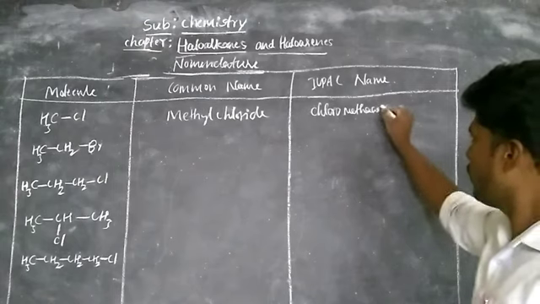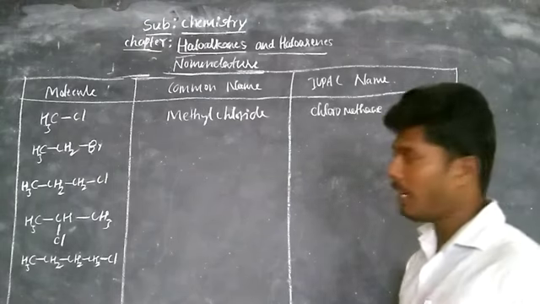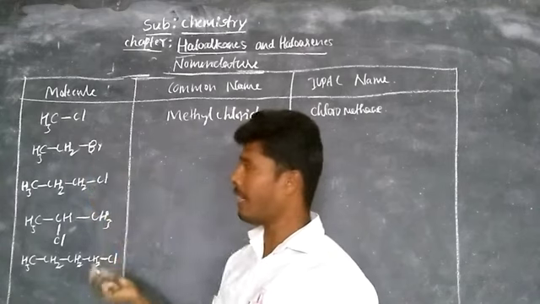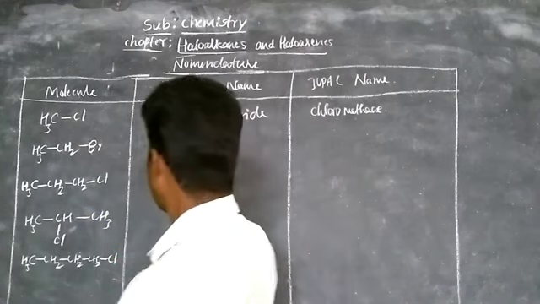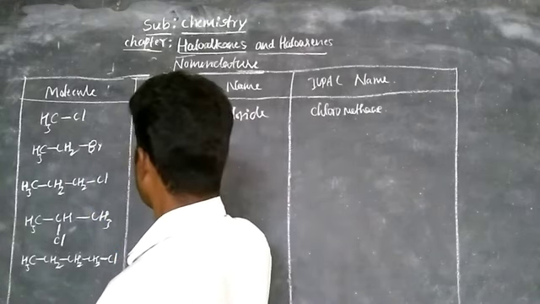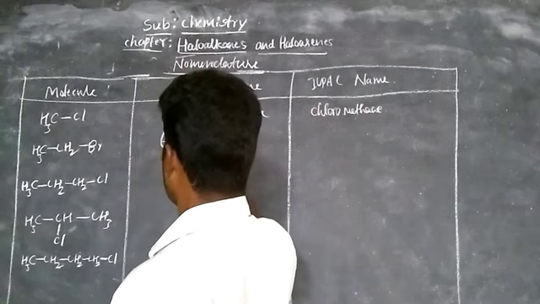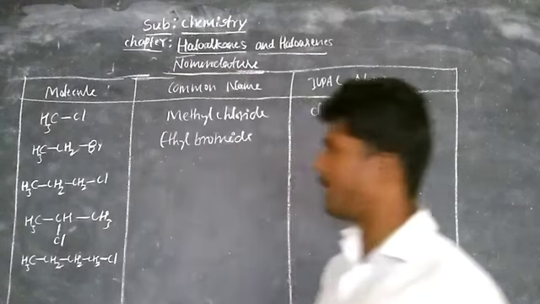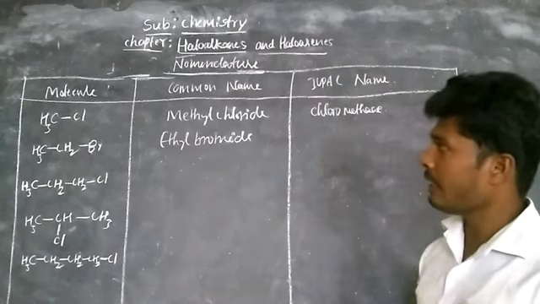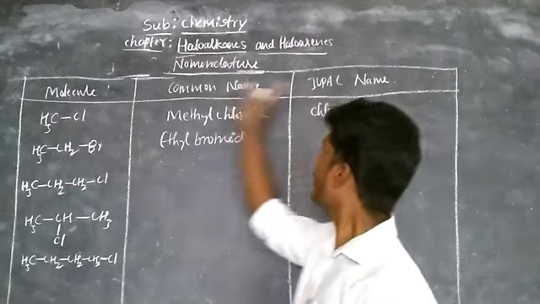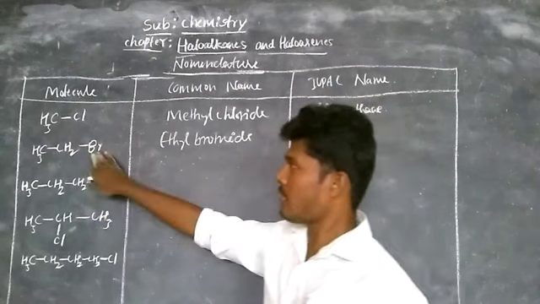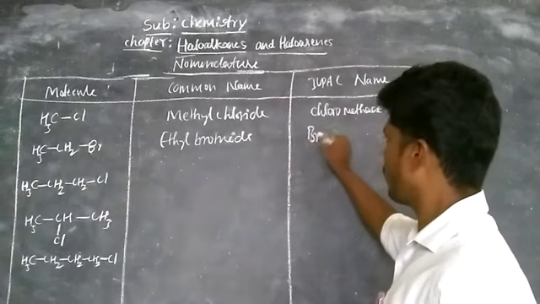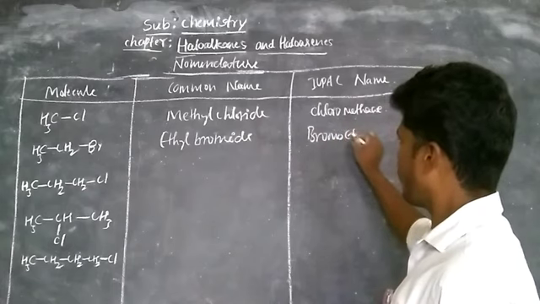Okay, methane. Now similarly, in the common name, with two carbons, that is ethyl bromide. Similarly in IUPAC name, the first is halogen, that is bromoethane.